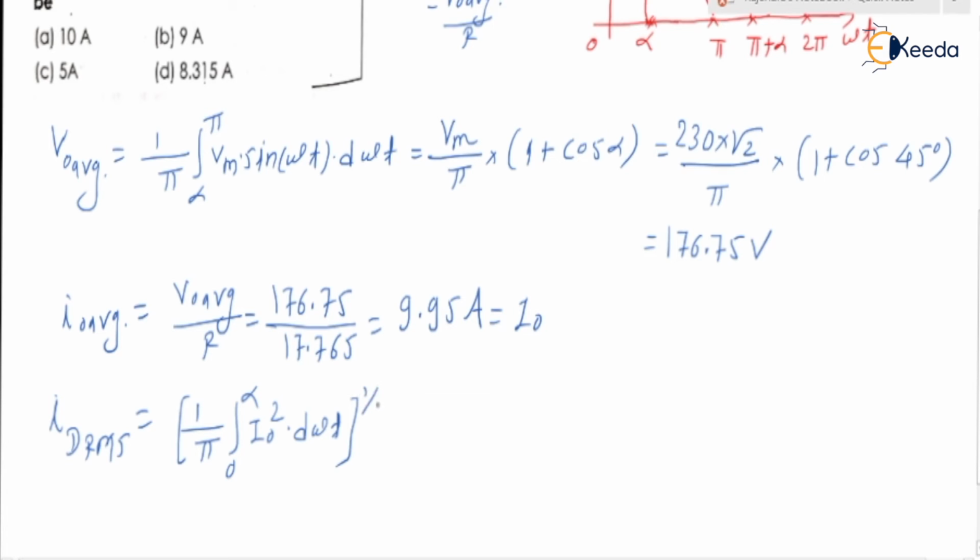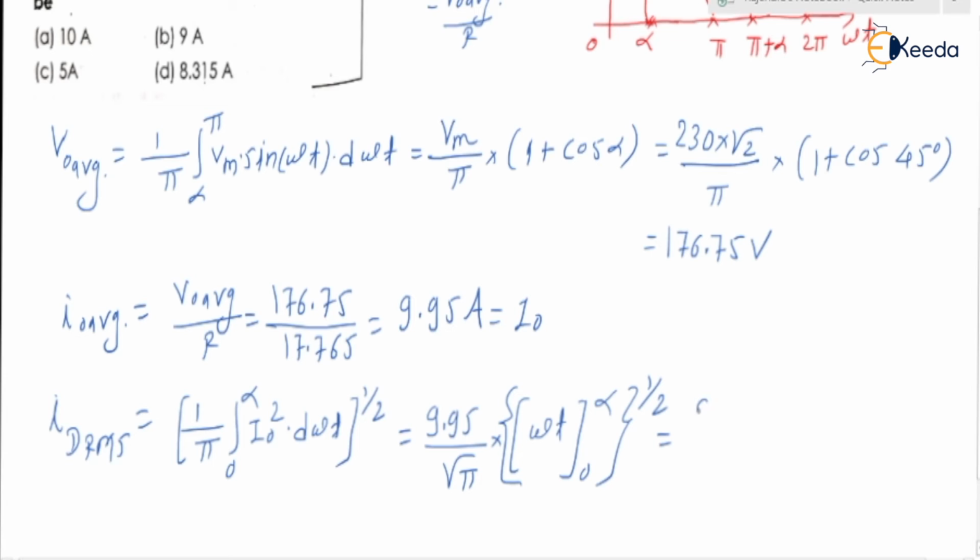Taking I0 square outside, it is I0 by root pi into the integration of 1, which is omega t, limit 0 to alpha, to the power 1 by 2. Now what is alpha? Alpha is pi by 4.